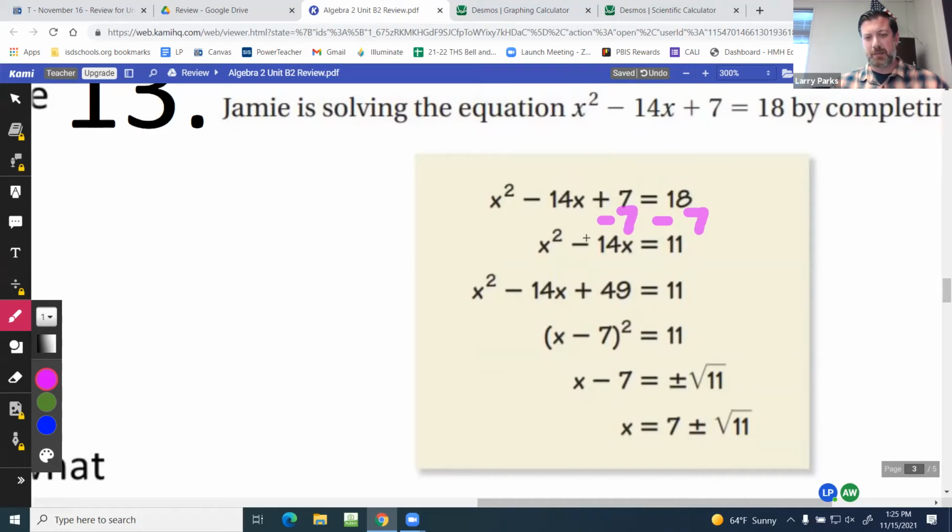And then you take this number and you divide it by 2 and you square it. So negative 14 divided by 2 is negative 7. Squared is 49. So you add 49 here and you add 49 there. That's where she messed up. She forgot to put 49 because this is supposed to be a 50.